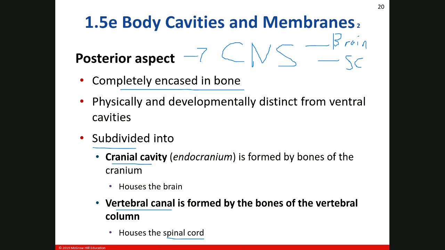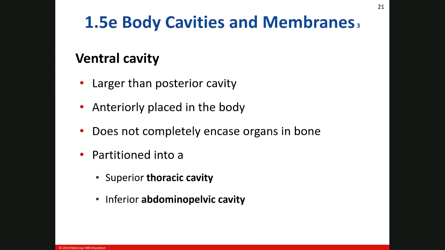So let's find out what those are going to be. The ventral cavity. One, it's bigger than the posterior cavity, or posterior aspect. And ventral means front, so it's going to be in the anterior portion. Now here's the difference. It doesn't completely encase all of its organs in bone. Only some are, and we're going to learn which parts.